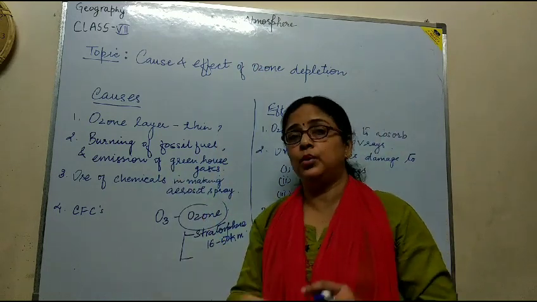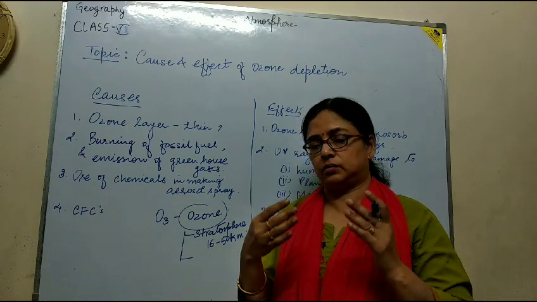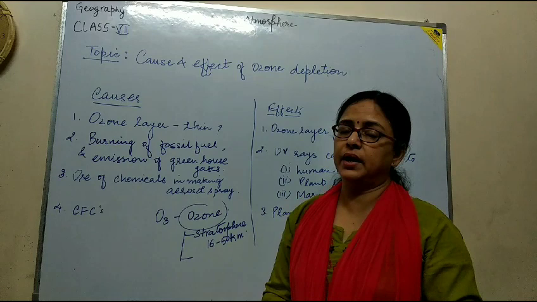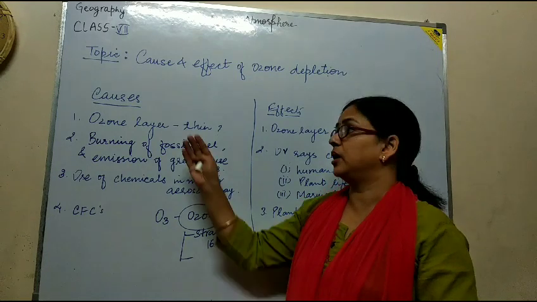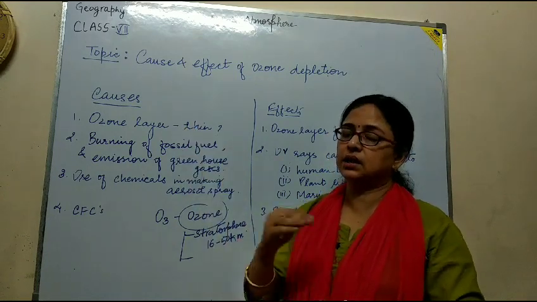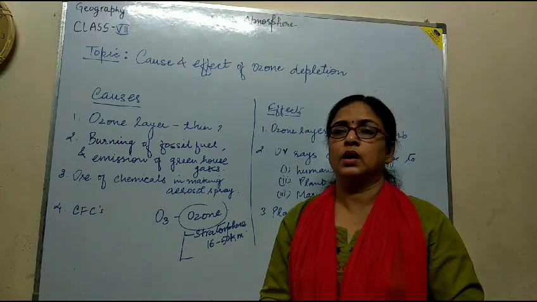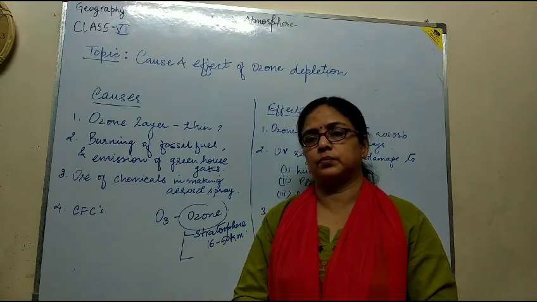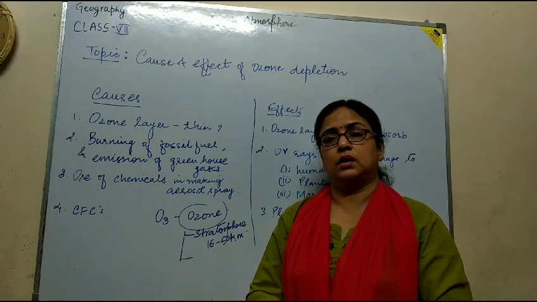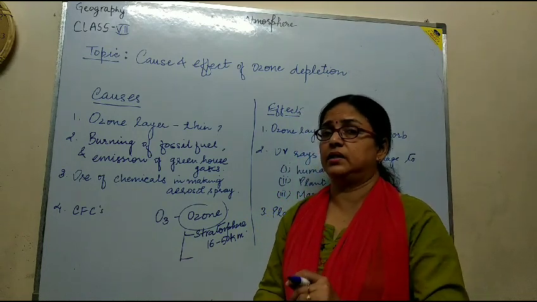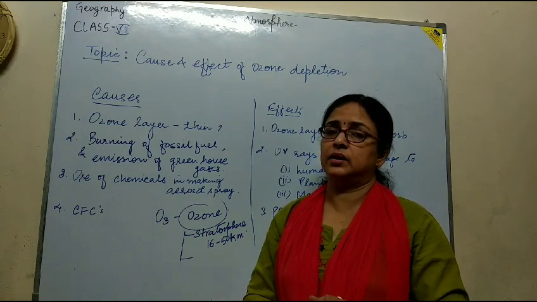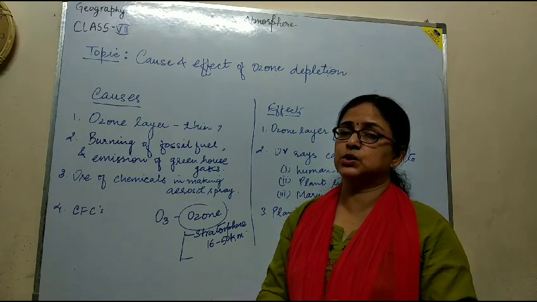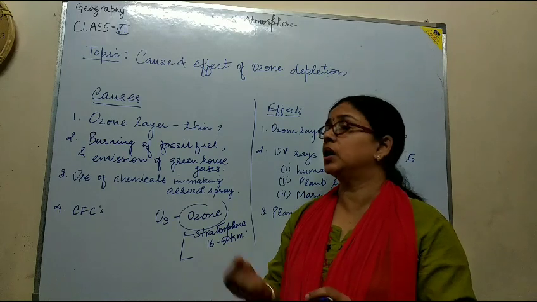Now we come to know that this layer is getting thinner day by day. With the passage of time, this layer is getting thinner. No one knows what the certain reason is, but it is certain that certain chemicals are present in the atmosphere that lead to make it become thin.